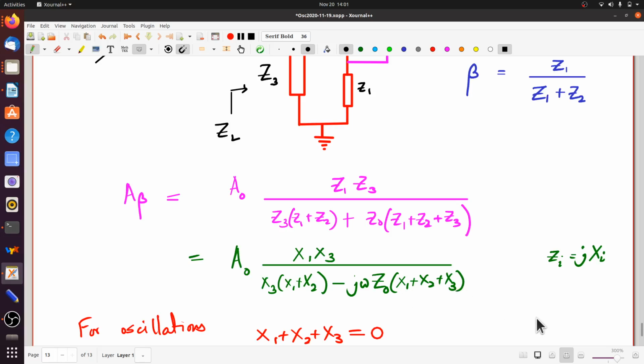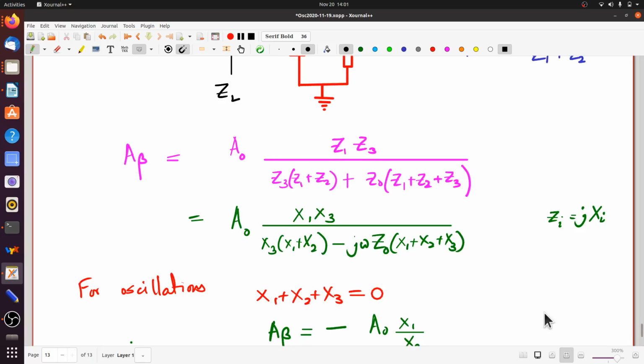So under this situation, for oscillations to occur, what must you have? You must have X1 plus X2 plus X3 equals 0. So the point is, these reactive components must be mixed. You can't have three inductances or three capacitances. You must have a mix of inductances and capacitances for the tuned amplifier circuits to work.